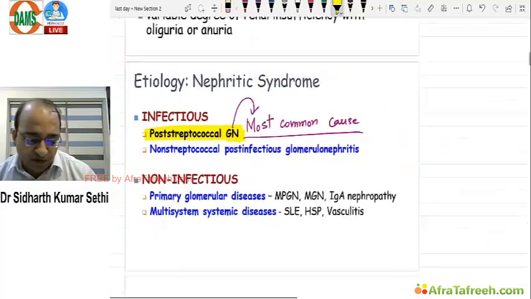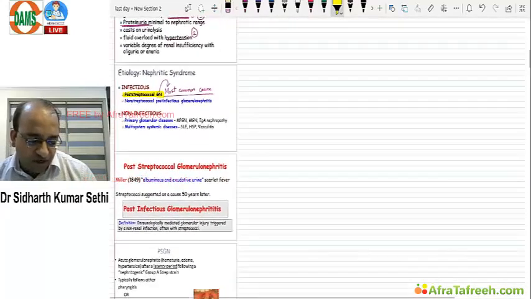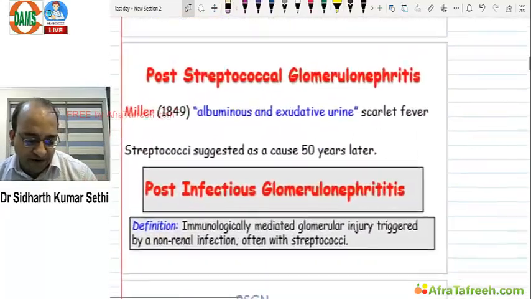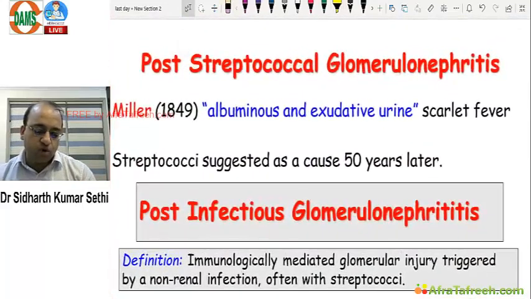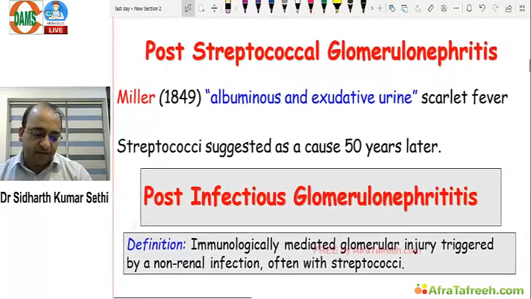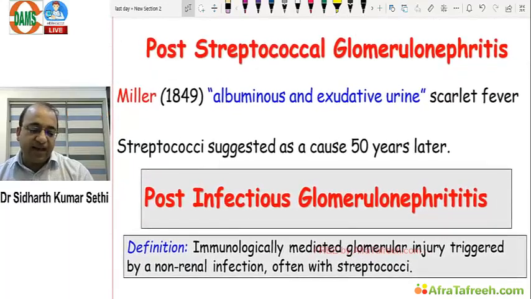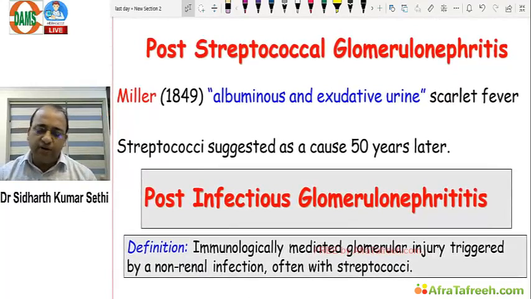Let's first talk about post streptococcal glomerulonephritis, the most common. Today is a clinical grand round, so we also take you through the history of the disease.